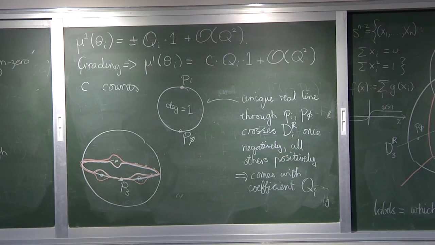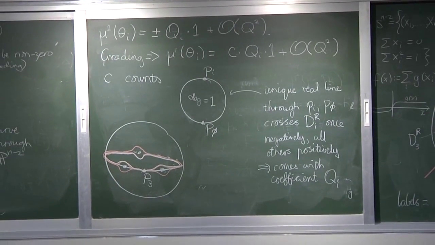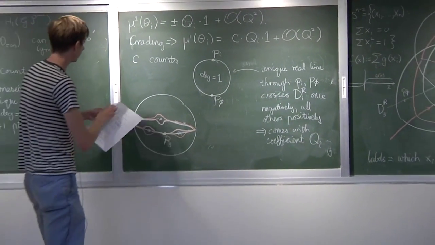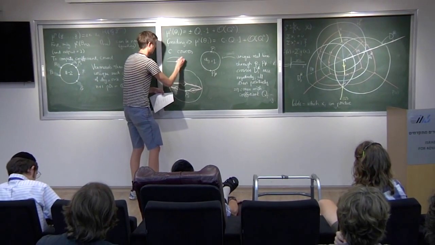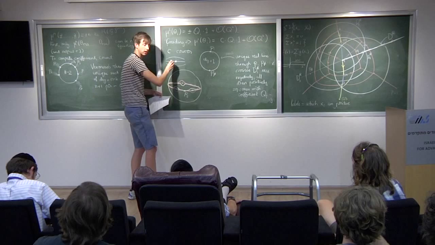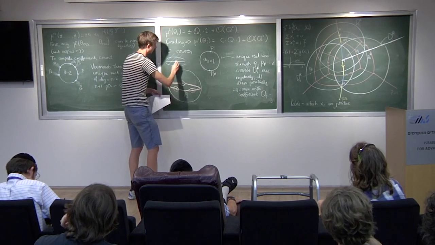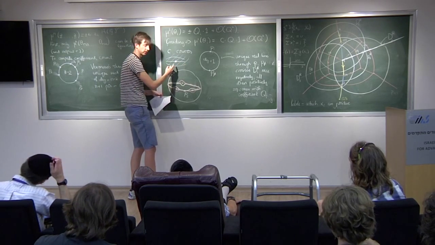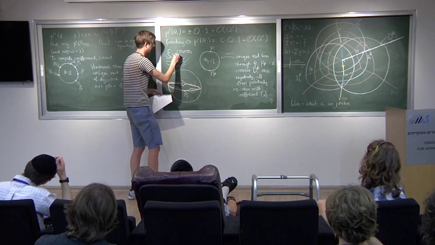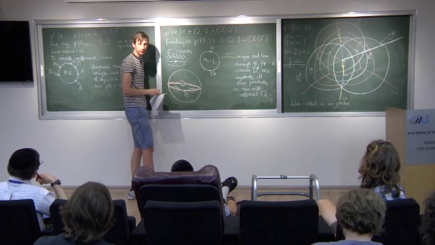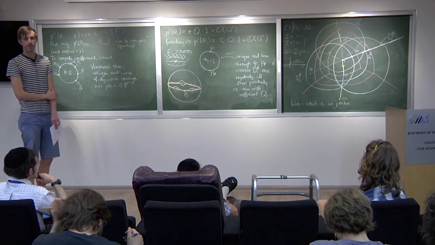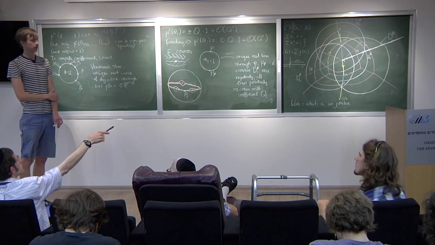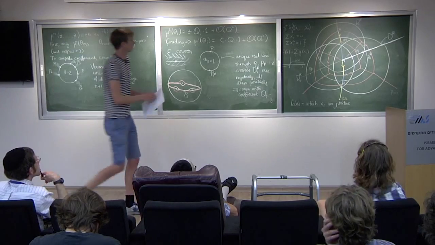Why only the negative crossing counts? That was this picture. If you're counting a disk like this, then it hits the divisor. If you're counting a disk like this, it doesn't. Can you say how to see that from the picture? Sure.